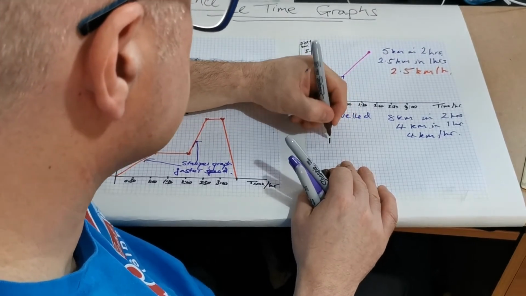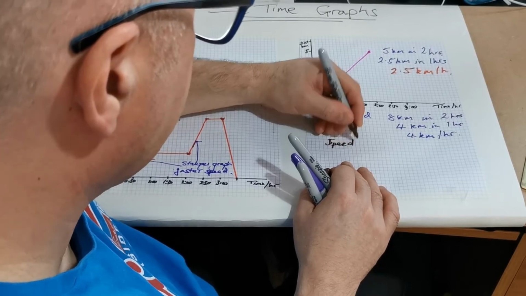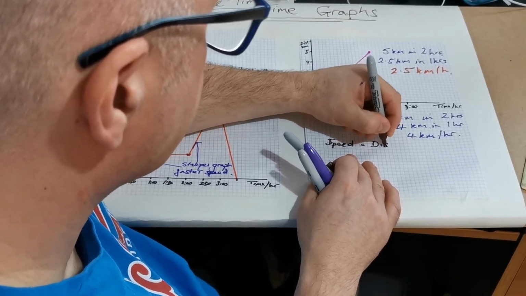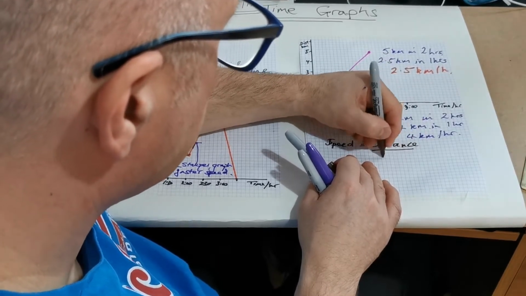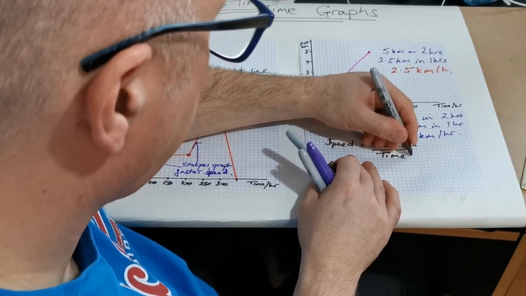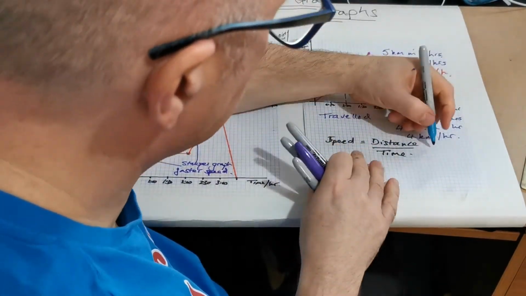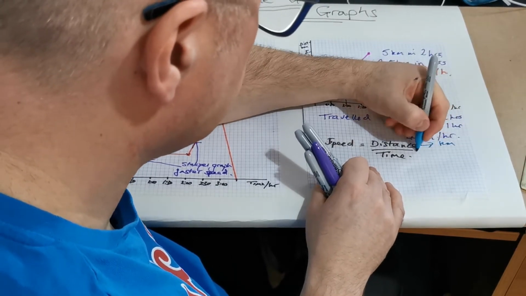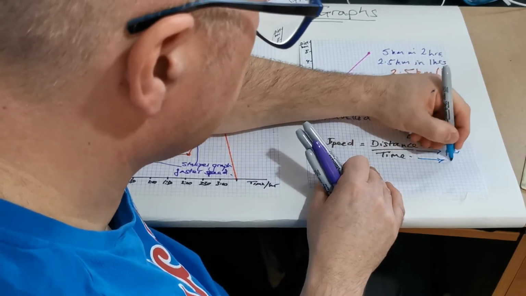So we've got speed is equal to distance divided by time. And there's your kilometres, there's your per, and there's your hour.